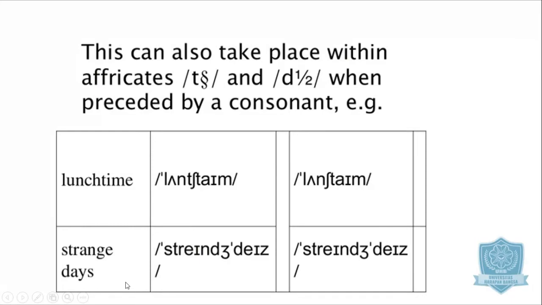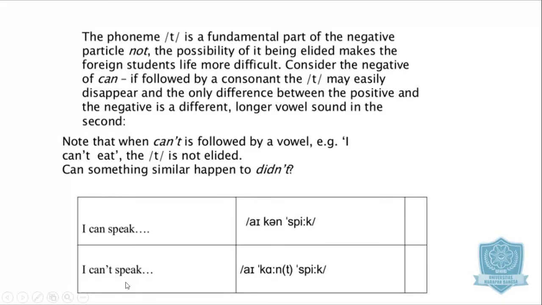Well, this elision can also take place within affricates and T when preceded by a consonant, as in the examples lunchtime, strange days. And then the phoneme T is a fundamental part of the negative particle not.